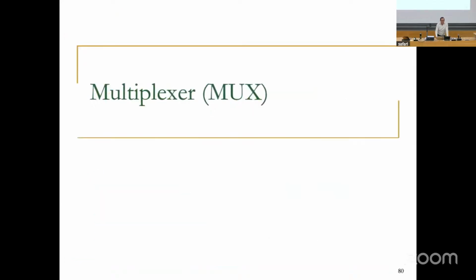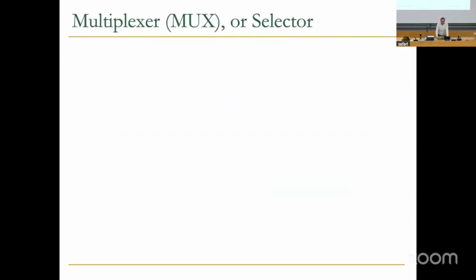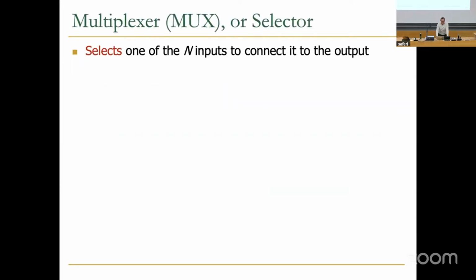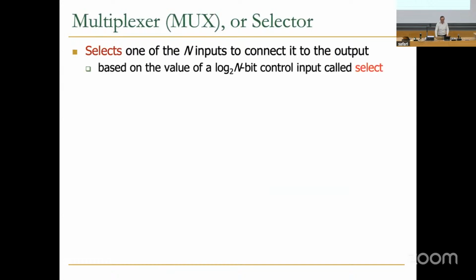Okay, multiplexer. How many of you have seen this one? Okay, people who have taken logic design courses maybe have seen it, or something similar. This is also called a selector. It selects one of the n inputs to connect it to the output, based on the value of a control input called a select input. So let's start with a very simple 2-to-1 mux.